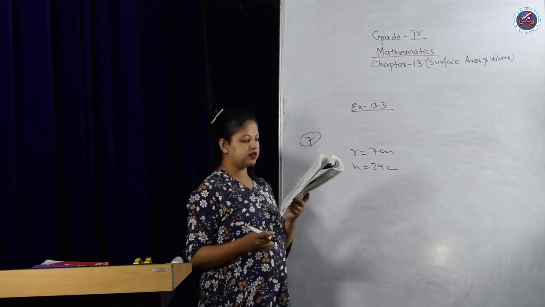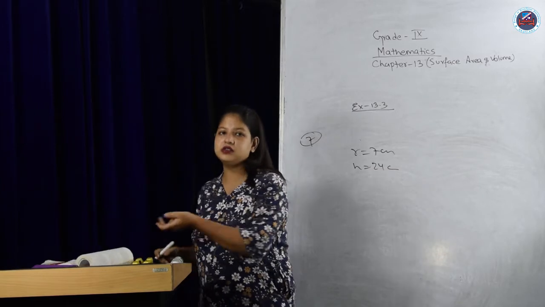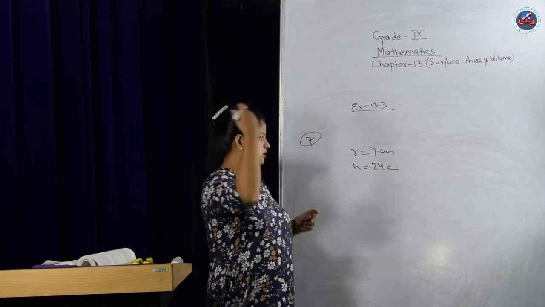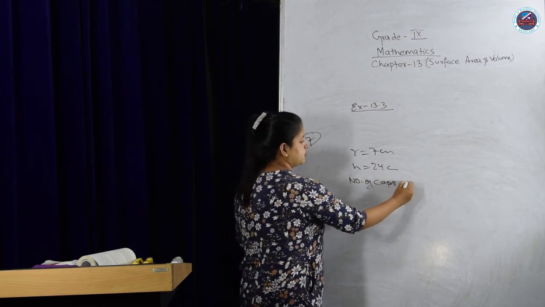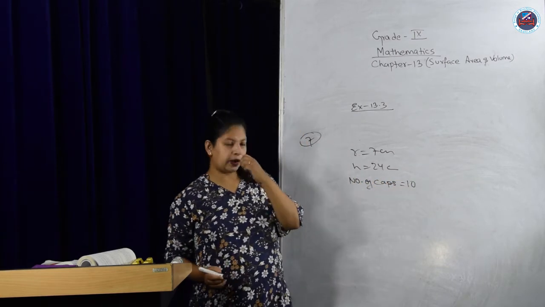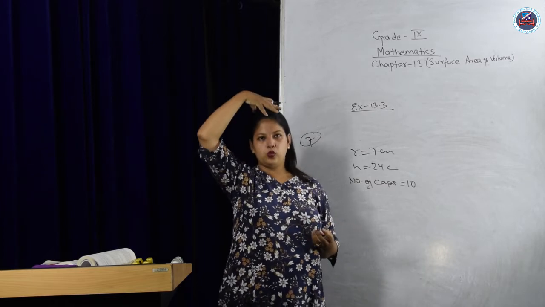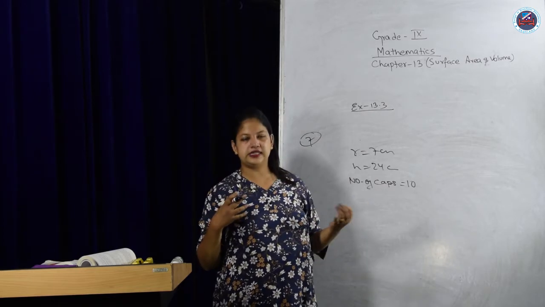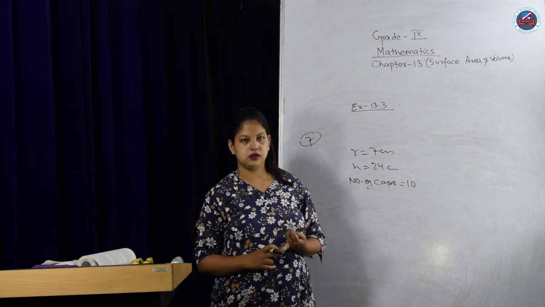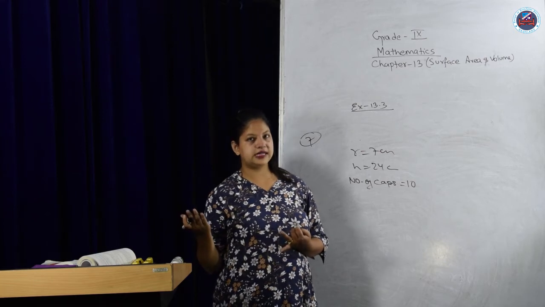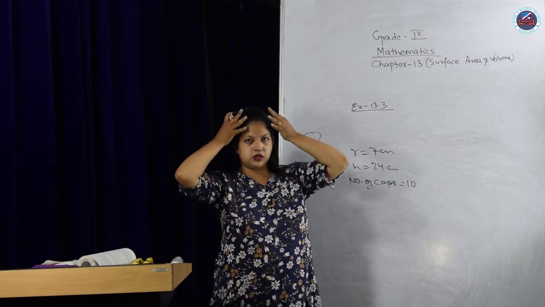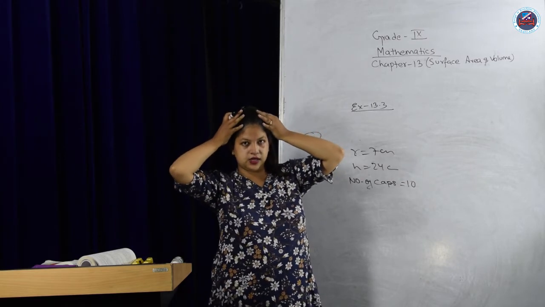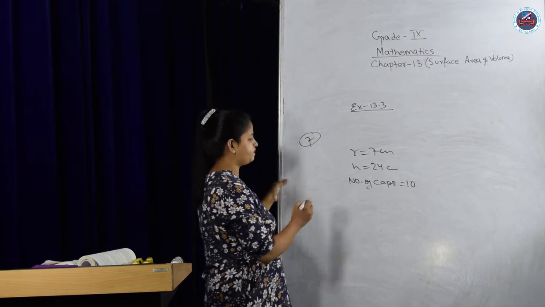Find the area of sheet required to make 10 such caps. 10, so number of caps is given. Now, when we say cap, what kind of area for cone will we find? CSA or TSA? Obviously CSA, because the bottom surface would be open so that the joker can put its head inside, okay? That means CSA.